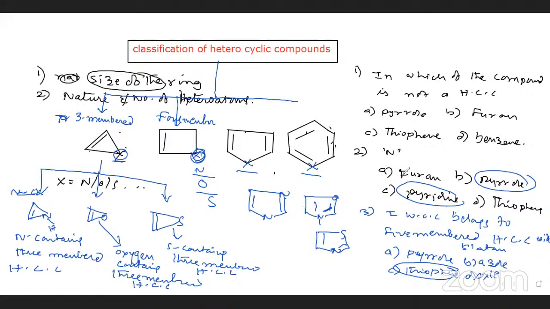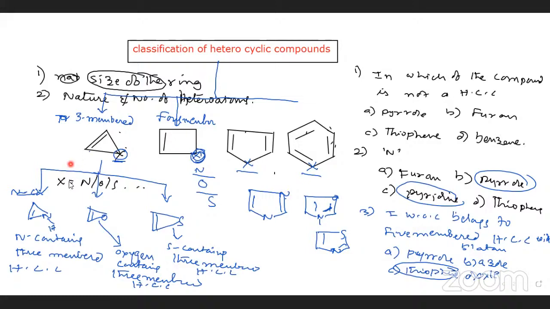So this is the classification of heterocyclic compounds, based on the size of the ring and the nature and number of heteroatoms. According to the size of the ring, we can classify into 3-membered, 4-membered, 5-membered, 6-membered, 7-membered heterocyclic compounds, and so on.